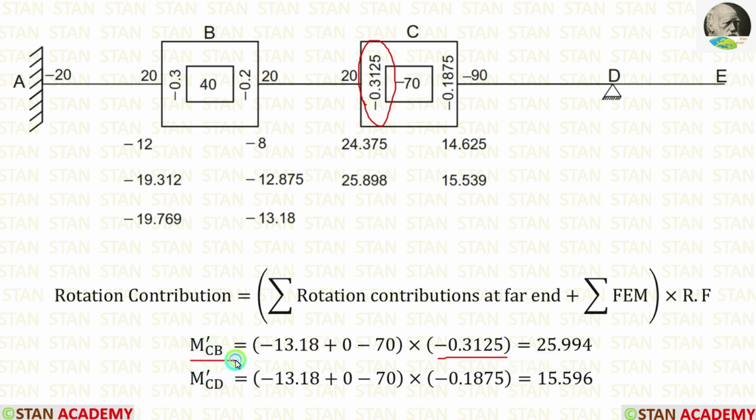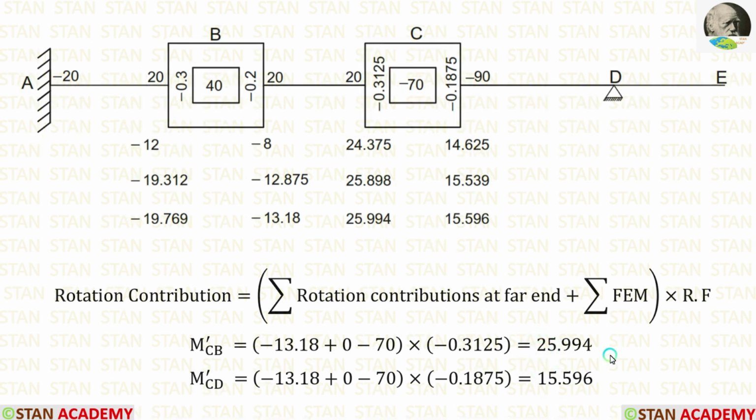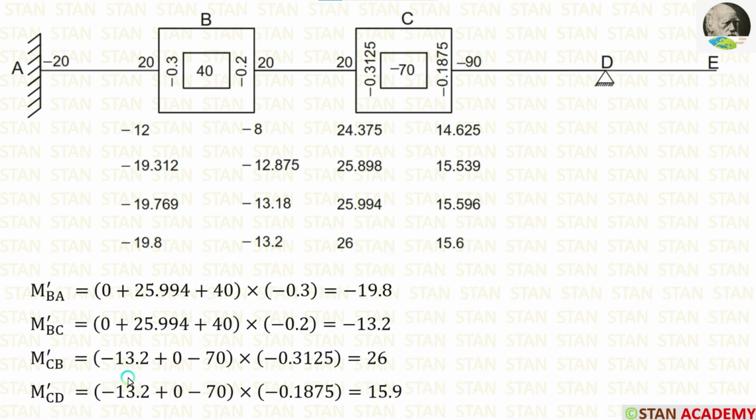After the calculations, we are getting m dash CB is equal to 25.994. The rotation factor for CD is minus 0.1875. After the calculations, we are getting m dash CD is equal to 15.596. We can enter the value of m dash CB here and m dash CD here. We have finished the third cycle. Let us move to the fourth cycle.